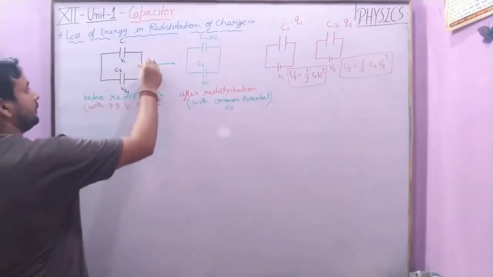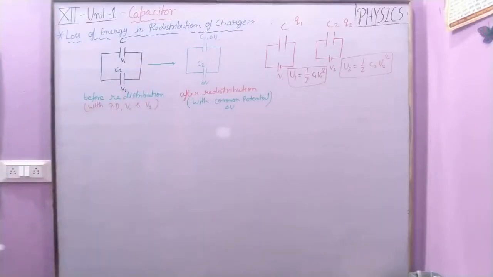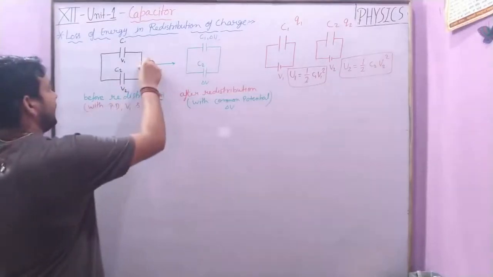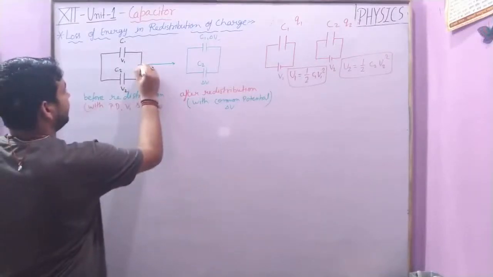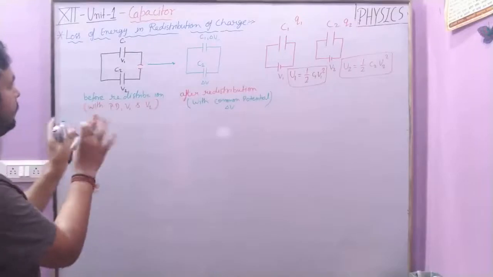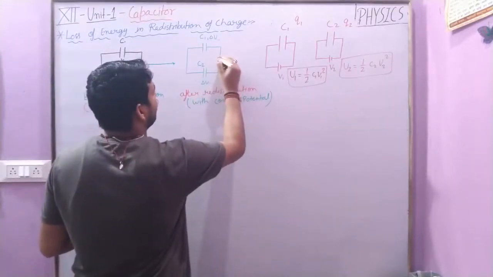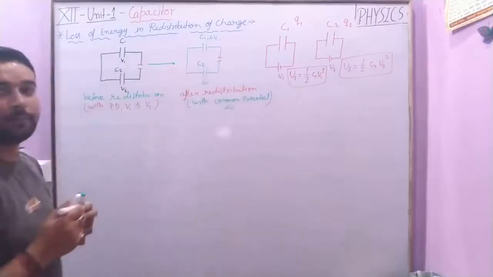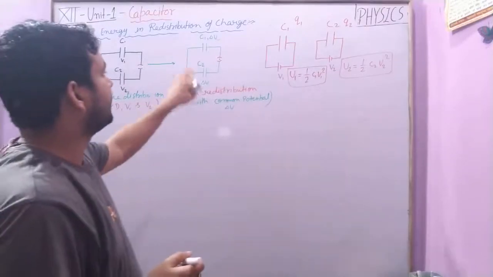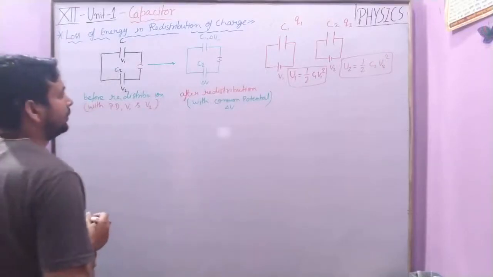Before redistribution, the circuit is not complete, so charge will not distribute across each other, and here the circuit is complete. When the circuit is complete, charges will transfer from the one at higher potential to the lower potential.